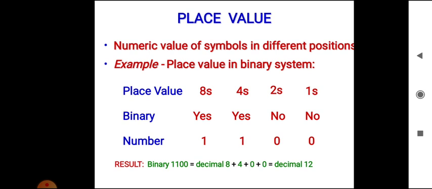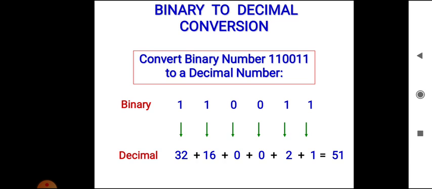Coming to next page. In that we have to know first thing, the conversion of binary to decimal. Suppose for example here I have shown a binary number that is 110011. I have to convert this binary number into a decimal number.